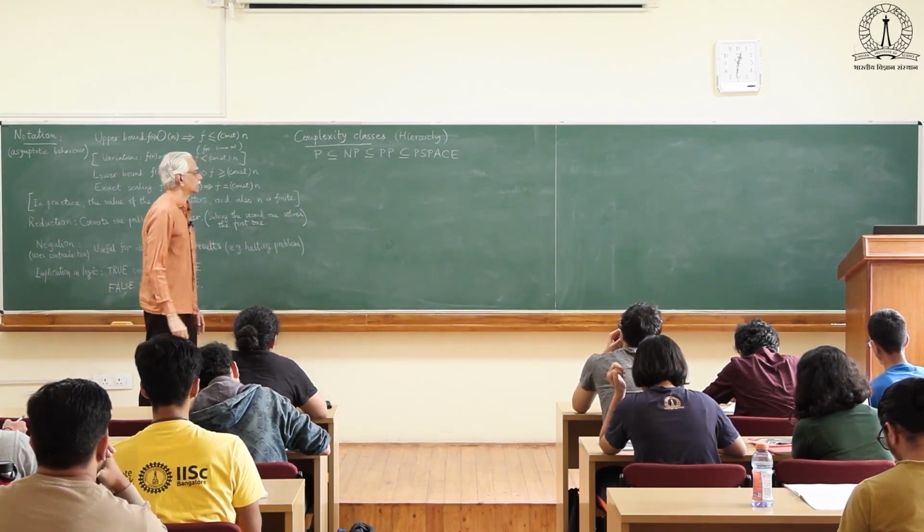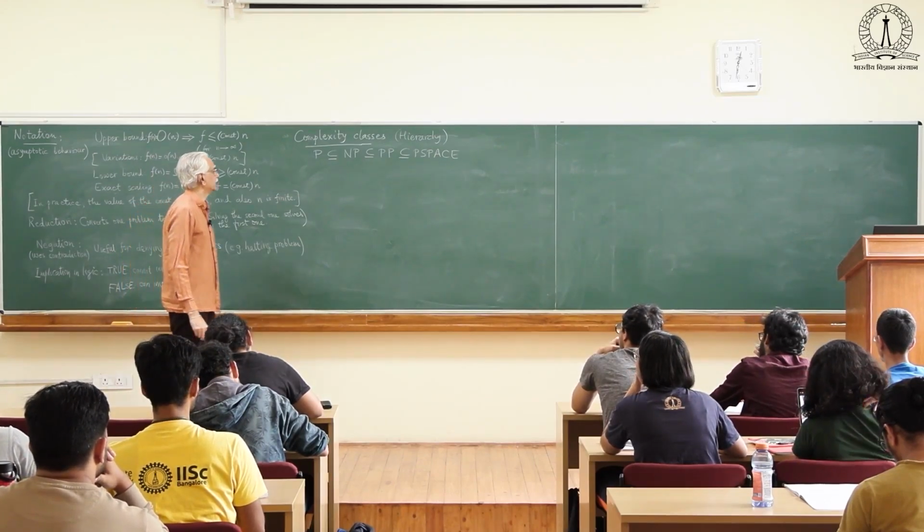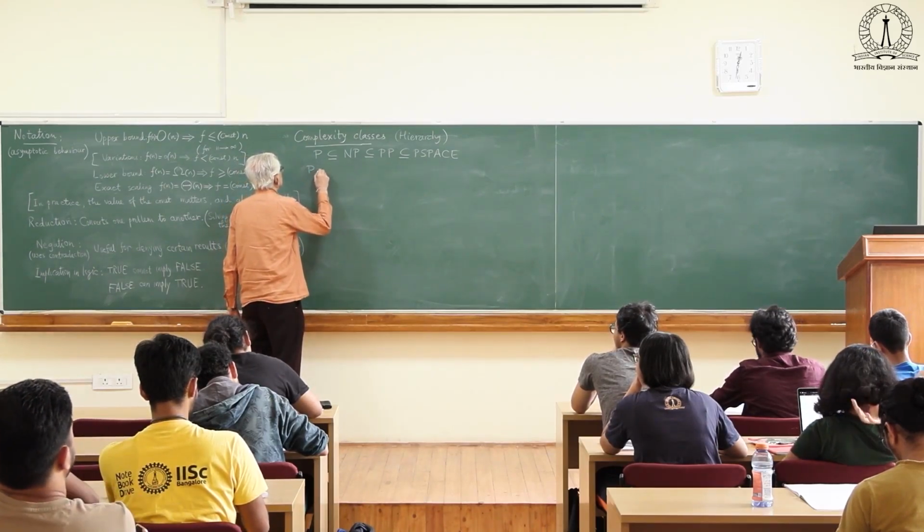So the important hierarchy is given by this sort of labels. And I have to give a definition of each one of them. So what is P?